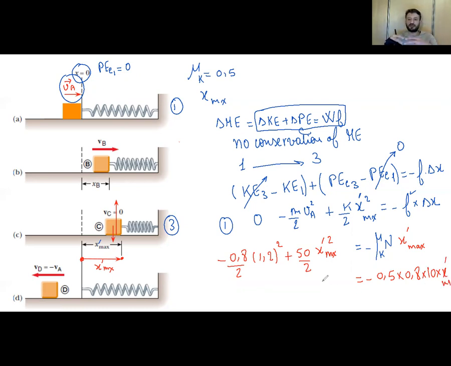Okay, here we have one equation. We can calculate the value of x maximum with your calculator.